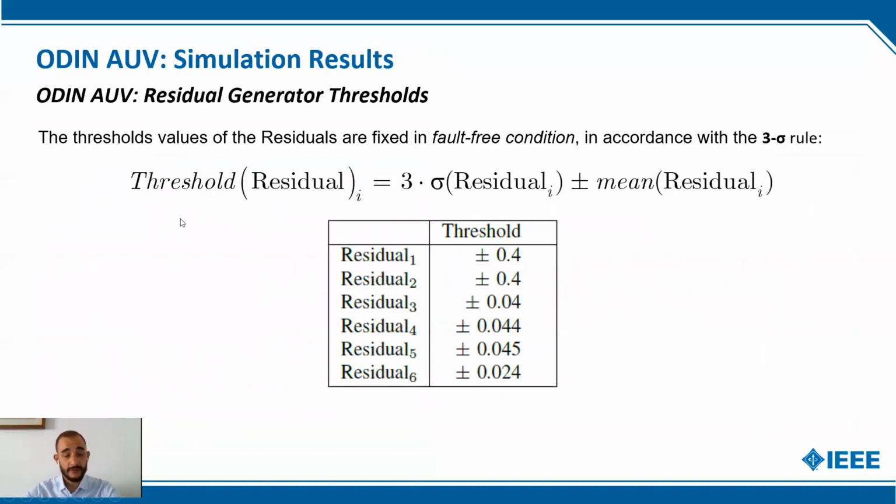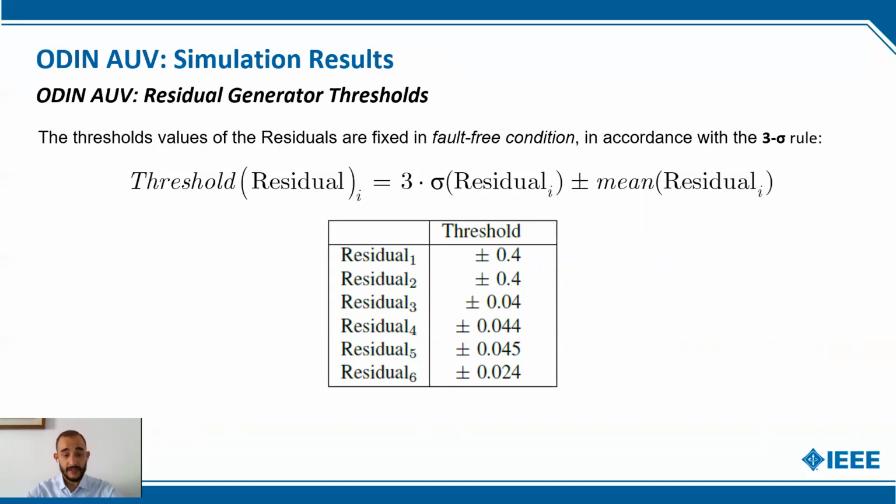The threshold values are fixed in a fault-free condition in accordance with the 3 sigma rule. Several simulations of the faulty cases of the ODIN AUV were performed considering different maneuvers and in presence of marine current and measurement noise.